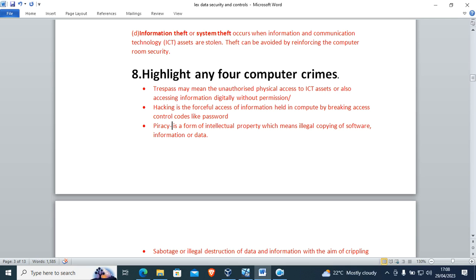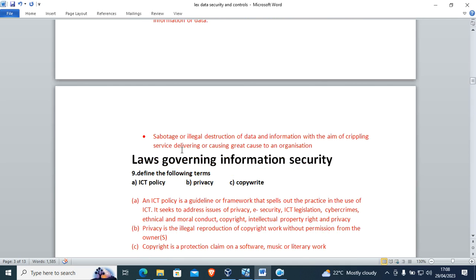Like if you go to my YouTube channel, take my video, and upload it to your YouTube channel, then you are doing piracy. You are going against the rights of intellectual property. That can be protected by reporting people to the authorities, like in YouTube. If you report somebody, then action is taken.